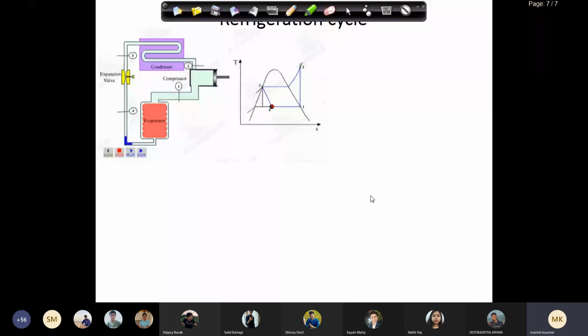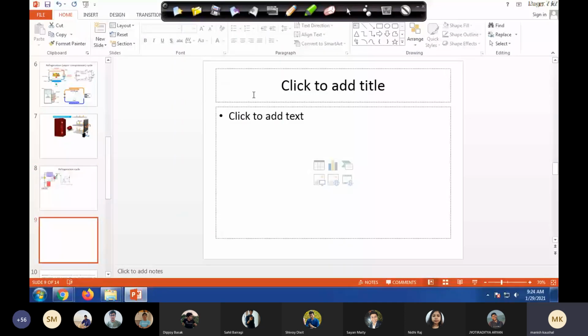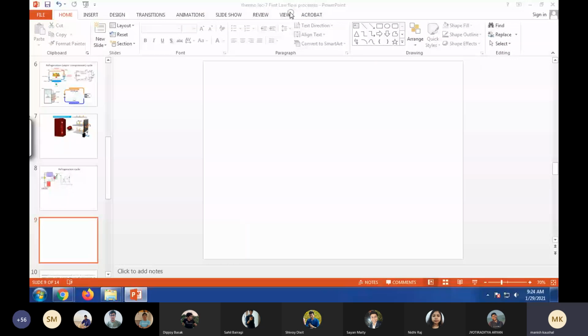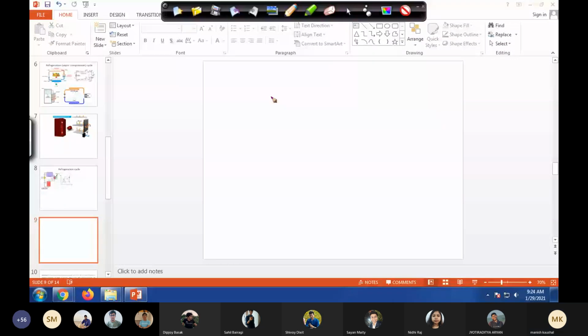Let's now try to draw a very nice one. Let me draw it for you, so that when we want to draw such a system, you know how we should draw it. Okay, so here first, this diagram will help you because it's very fast, and since it's a schematic, it's easy to draw.